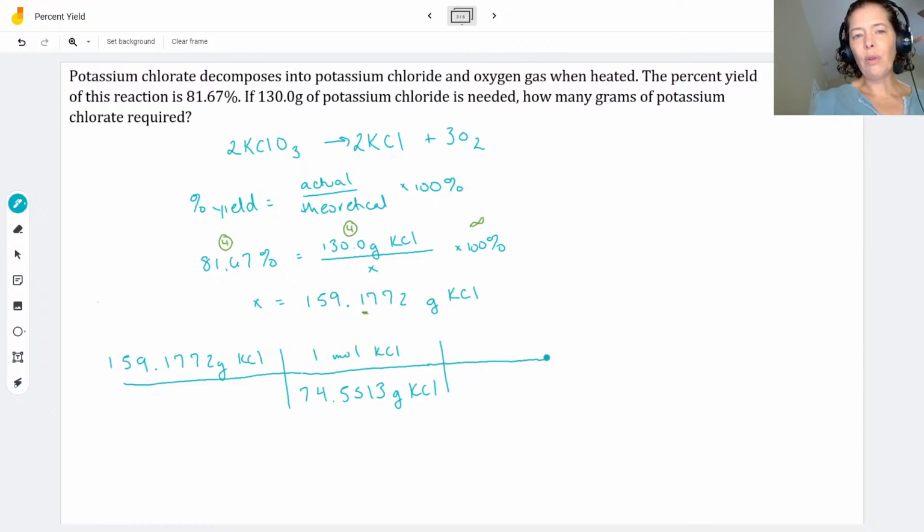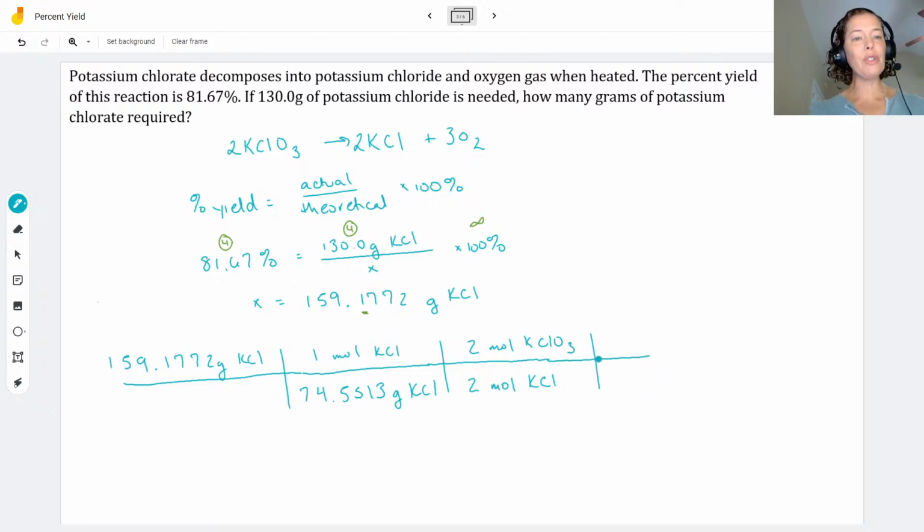Now that I have moles, I'm going to use my mole ratio to predict my moles of potassium chlorate. And that is 2 moles of potassium chloride to 2 moles of potassium chlorate. Okay, love it when those ratios go to 1 to 1.